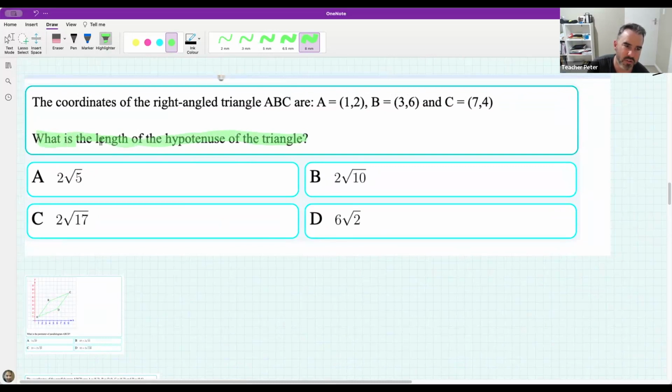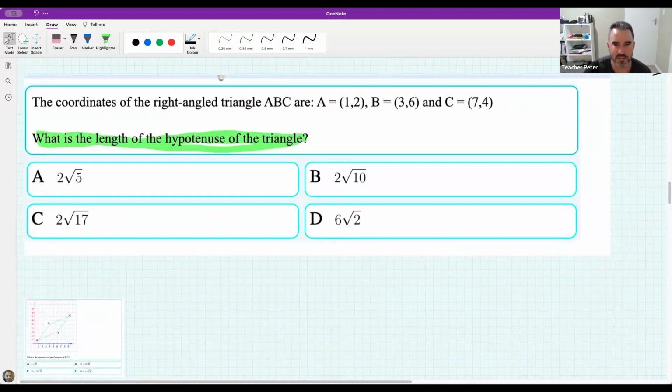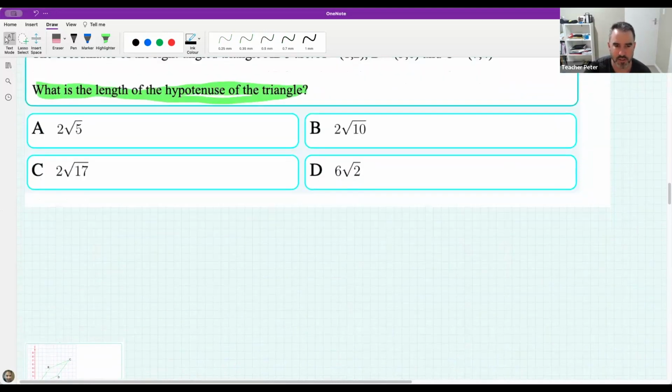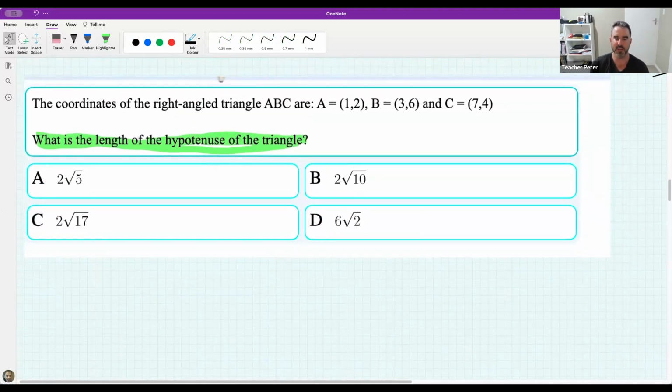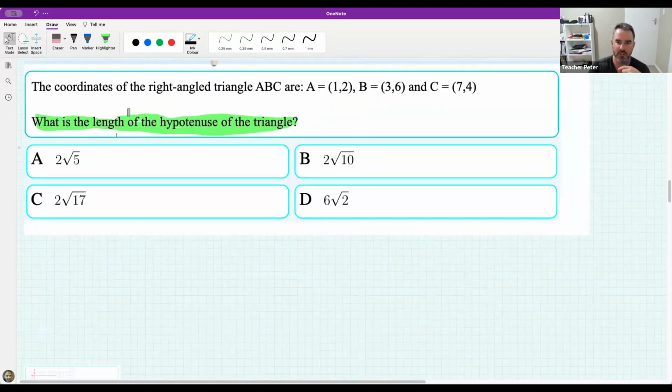Now, because I don't have a drawing and I'm feeling a bit confused, what should I do to get a sense of how this question is even working? Who has some ideas for me? Because I'm feeling a bit like, okay, but there's three different points. How do I know which side is the hypotenuse? What should I do to help me? Who has some ideas about how I can handle this problem?